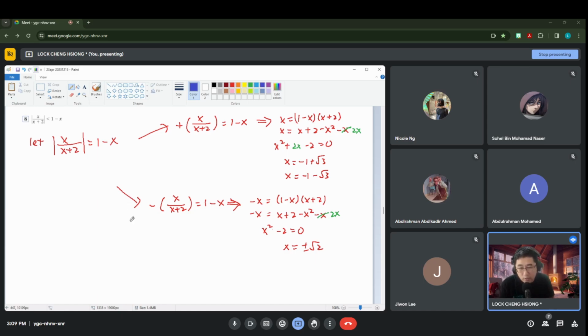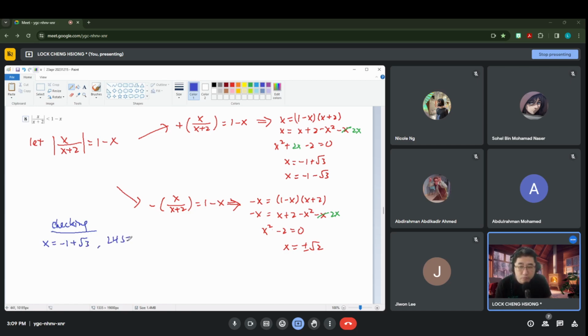As you can see, I immediately detected that I already did it wrong when I did the checking, then I knew that I had made a mistake. That is the ability that you need to have during the exam: you need to know how to actually check answers. So x equals minus 1 plus square root 3.